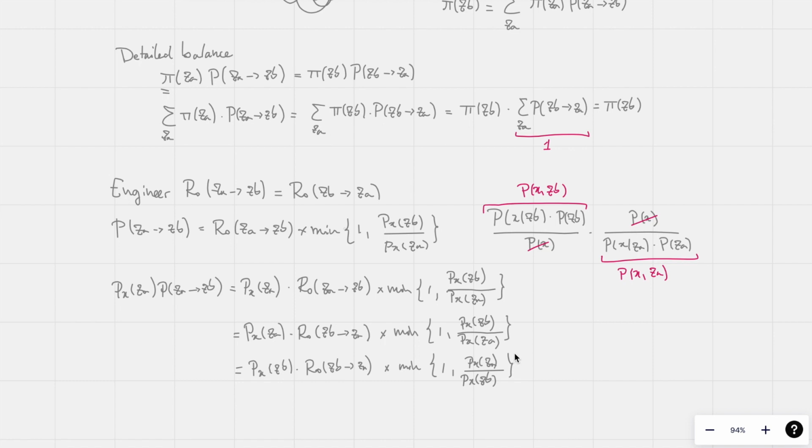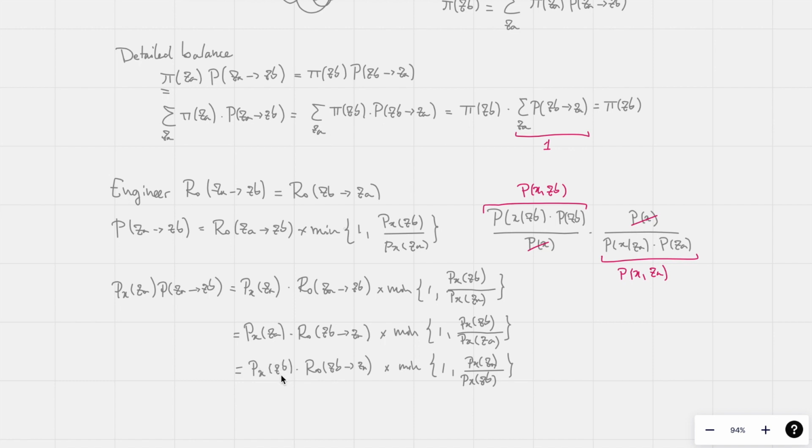Now let's consider the other case, where P(x, Zb) is less than P(x, Za). In that case, this whole term here is equal to P(x, Zb) divided by P(x, Za), but when you multiply by P(x, Za), you obtain P(x, Zb). On the other line, everything is reversed. Now P(x, Za) being greater than P(x, Zb), the whole thing here is equal to 1. And when you multiply by P(x, Zb), you again get P(x, Zb), which is the same as the line before.